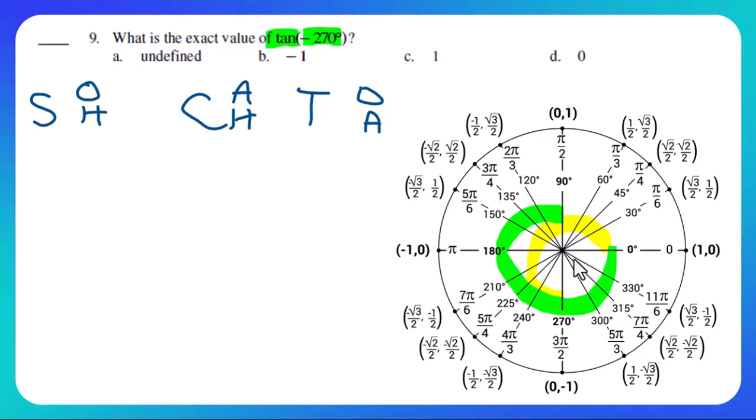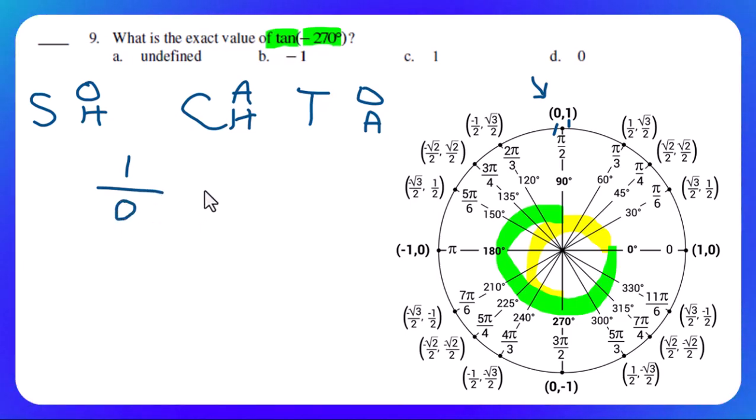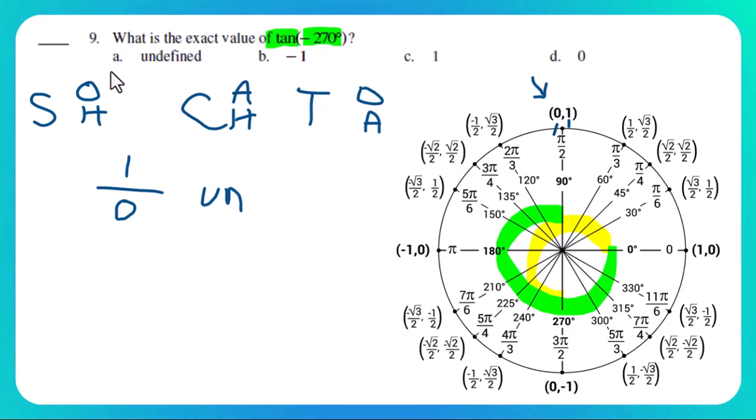And let's go to negative 270, so it's right here. Tangent is going to, we get with y over x, or sine over cosine, so that's going to be 1 over 0, and that is undefined. Instead of me trying to write it, let me circle it up here.